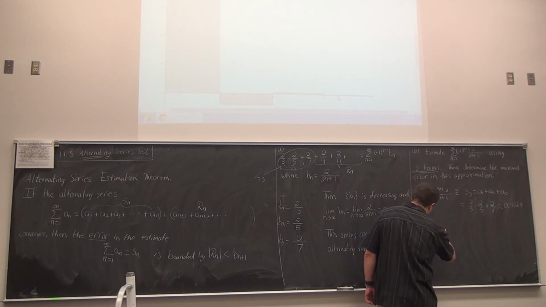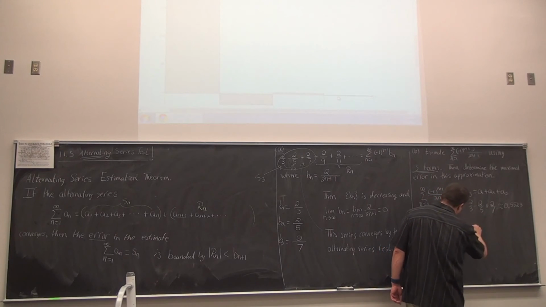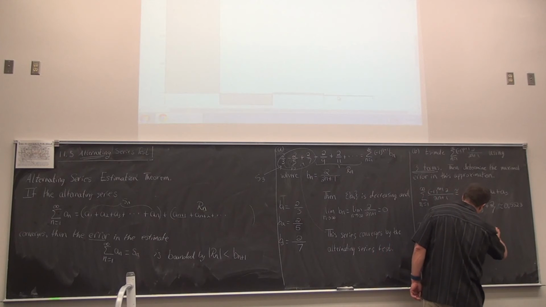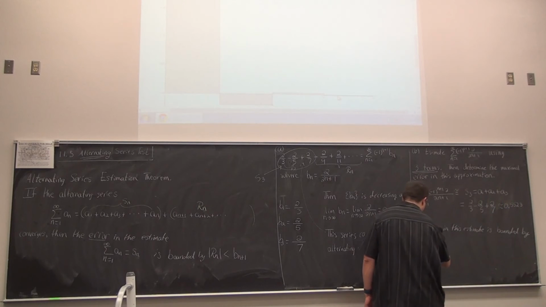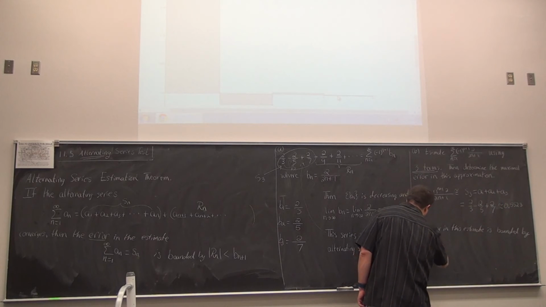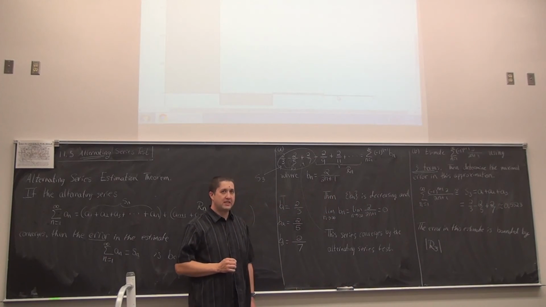The error in this estimate is bounded by, or in other words, it can never be larger than the absolute value of R3. This is where it gets a little bit nasty in my head.